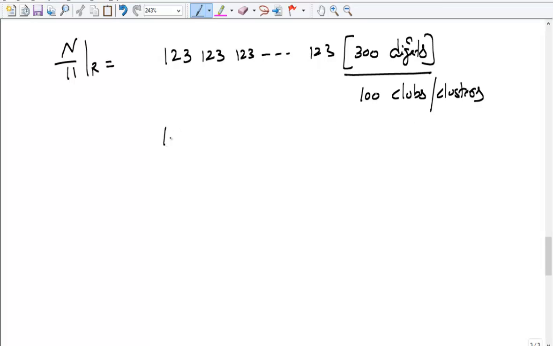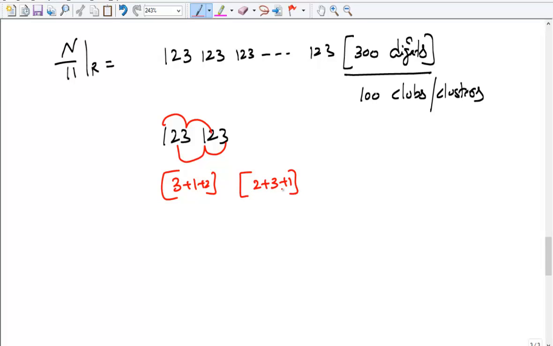What happens if we have just 6 digits, 1, 2, 3, 1, 2, 3, and 2 clusters? If you observe this, it's going to be 3, 1, 2, and next 2, 3, 1. So 3 plus 1 plus 2 is coming from 2 clusters, and 2 plus 3 plus 1 is coming from the remaining alternate one.